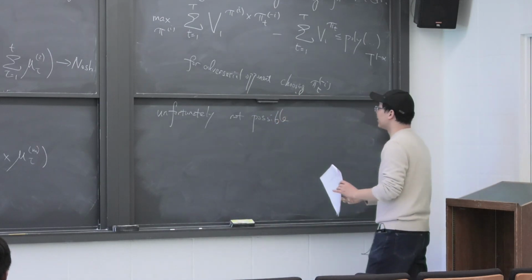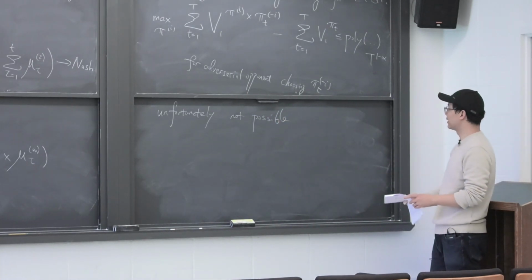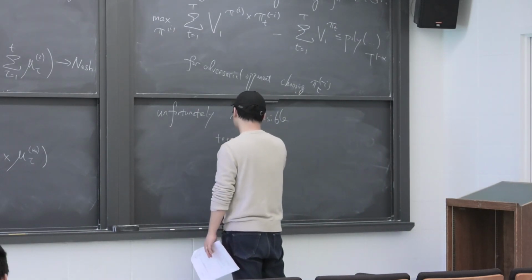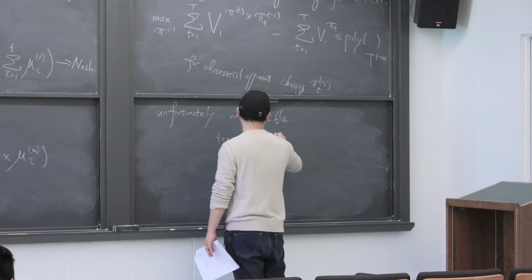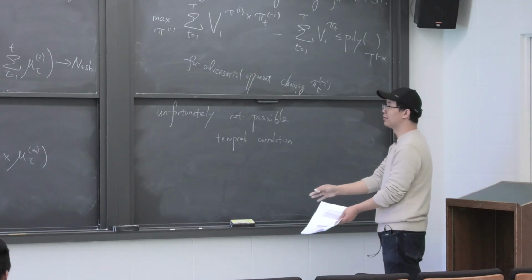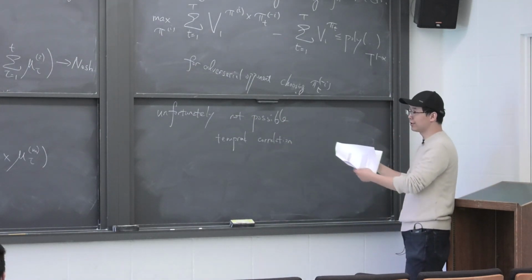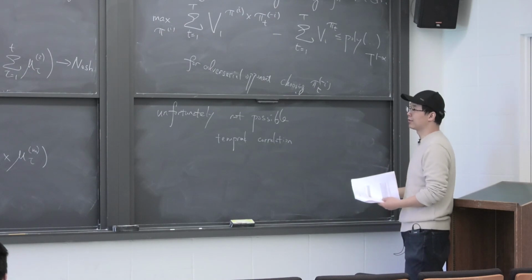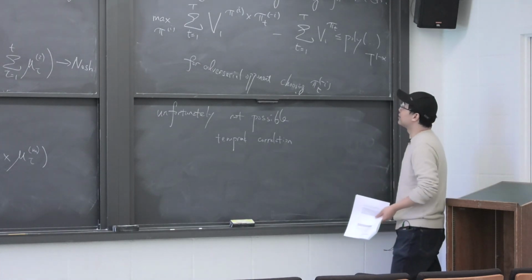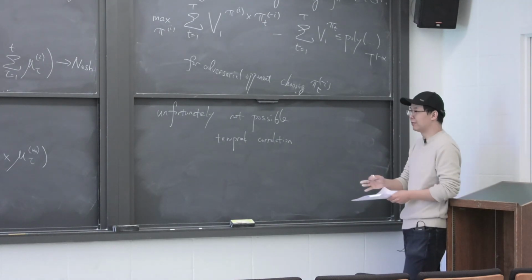The reason again comes down to temporal correlation. A normal form game is just a one-step game, so there's not much state transition, and everything can be done in that way. But here, because this is a Markov game, this is again reinforcement learning.